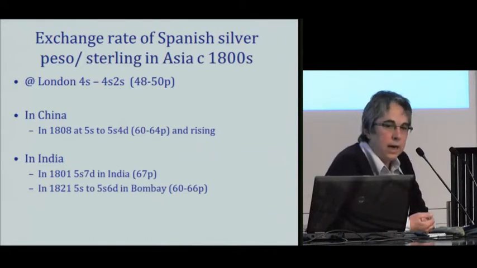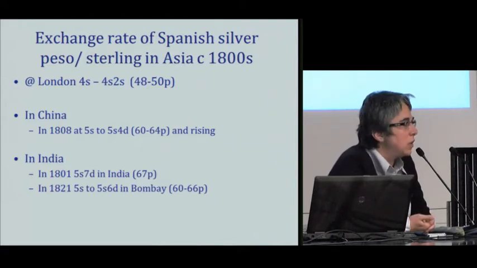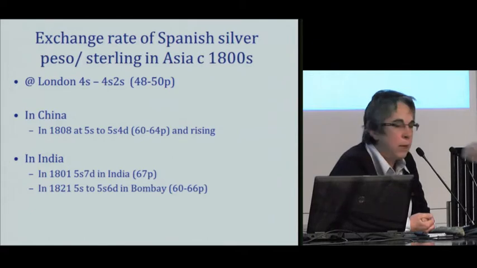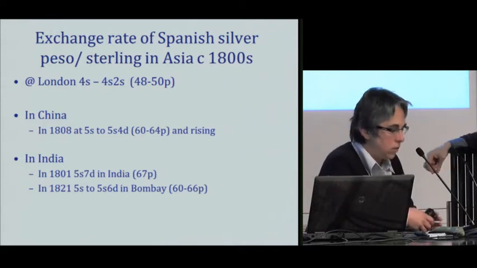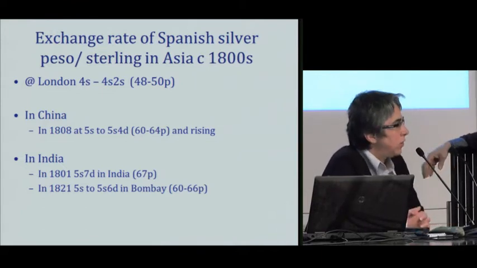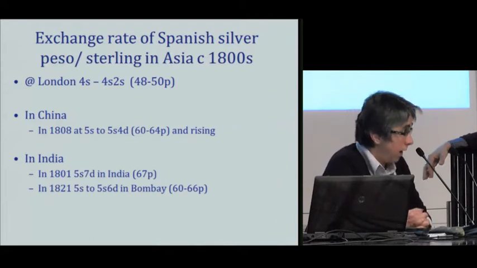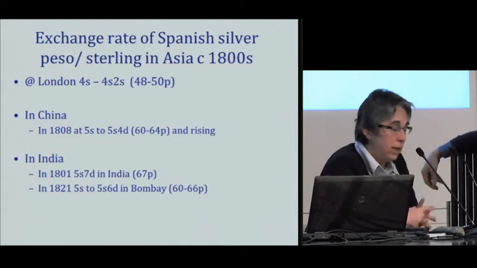In China, by 1808, it's about 64 pence and rising. And so it is in India as well, I found. In the first 30 years of the 19th century, there is about a 15-20% premium for this coin in sterling if you take it to India.